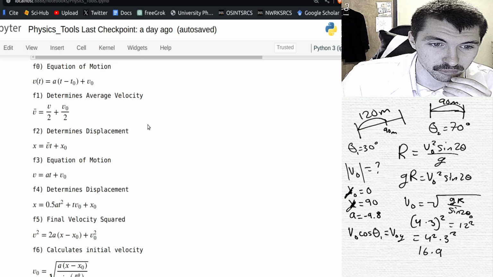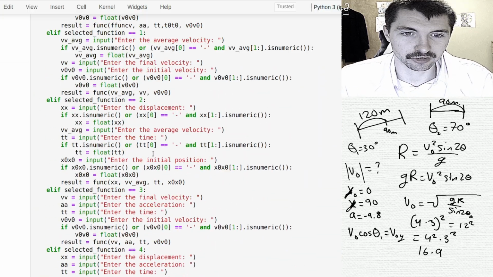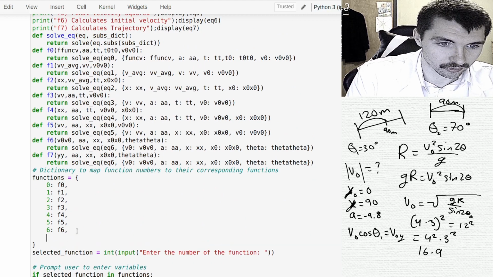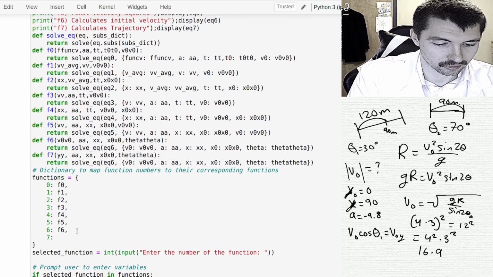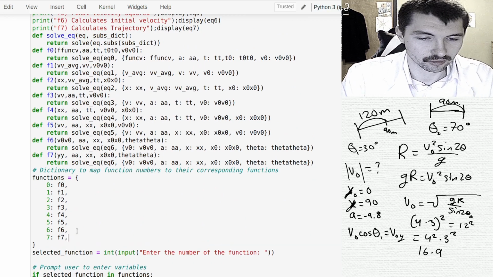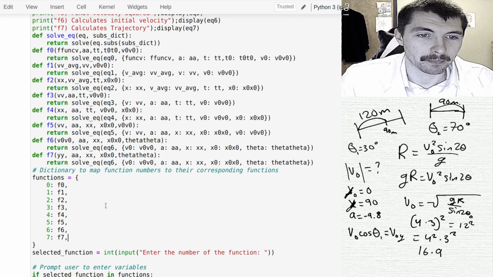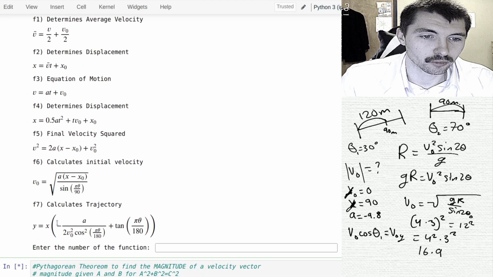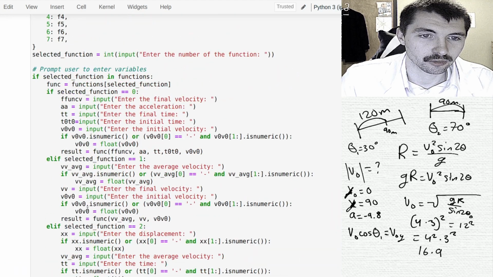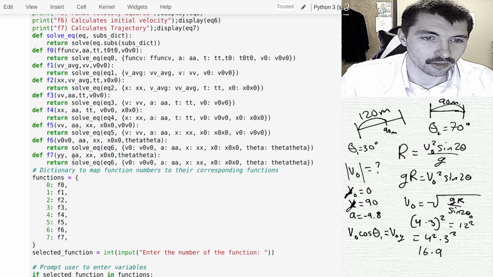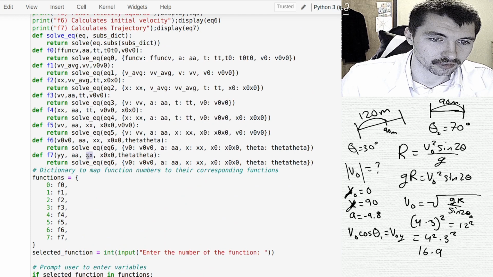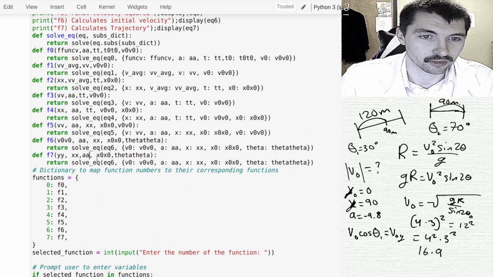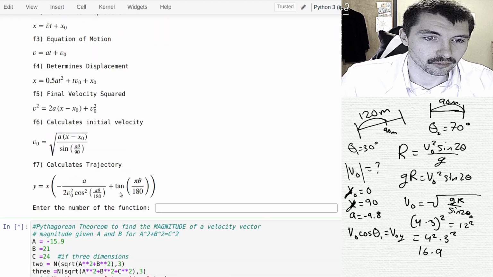Okay, so I think we can move on to actually adding this into our toolkit. F7. Okay, so now we have to match these. So y, x, y, x, y, x. Okay.